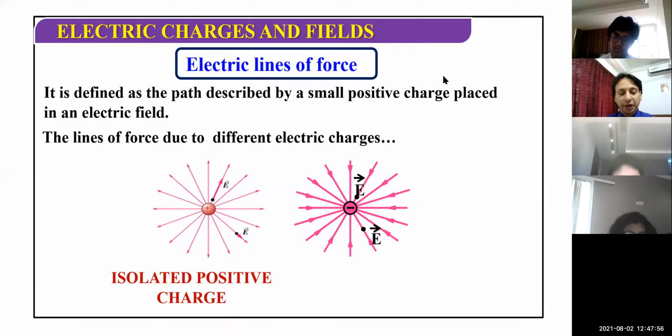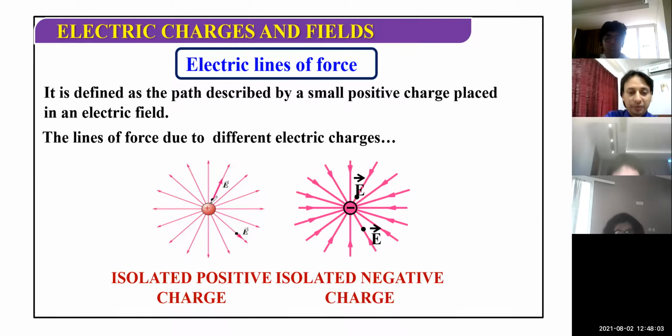Now, students, in this diagram you can find we have a positively charged body. This is a positive charge. And we know that due to the positively charged body, the direction of electric field lines is outwards, radially outwards, whether it is a positive or negative charge.